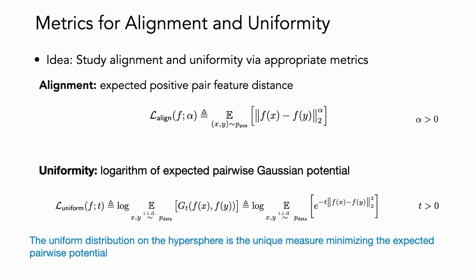This objective has a lot of connections throughout math. And it turns out the solution that optimizes this is the one that maximally spreads out the points on the hypersphere. So the uniform distribution on the hypersphere is explicitly the solution to this. And so now, the uniform distribution on the hypersphere becomes the unique measure that minimizes expected pairwise potential between negative pairs.